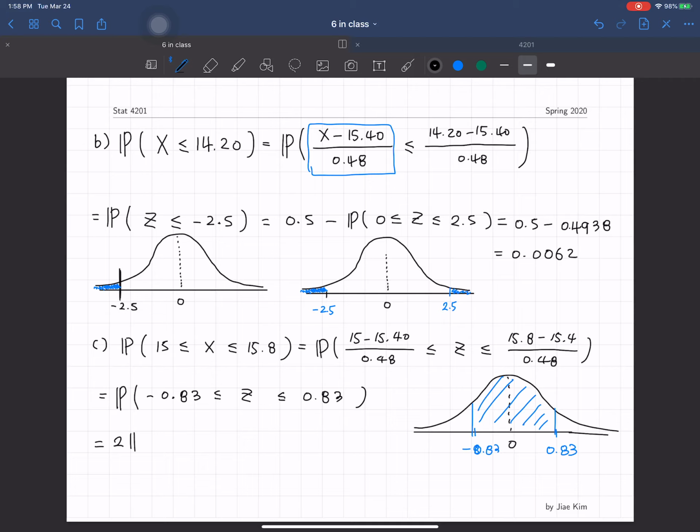So we can rewrite this probability as twice the probability of Z being between 0 and 0.83, instead of getting the probability of Z between negative 0.83 and 0.83. This probability, Z between 0 and 0.83, you can check from the table, is 0.2967, so the answer is twice that, which is 0.5934.